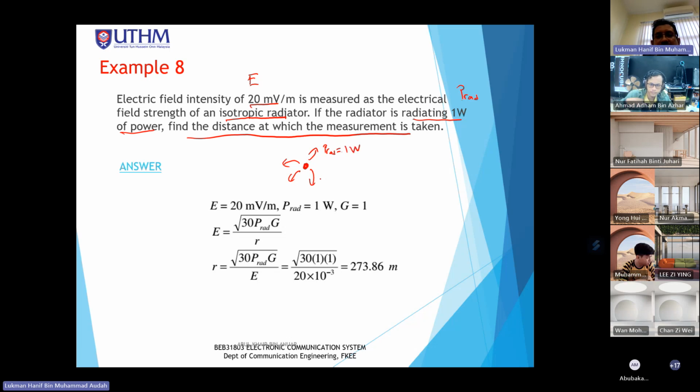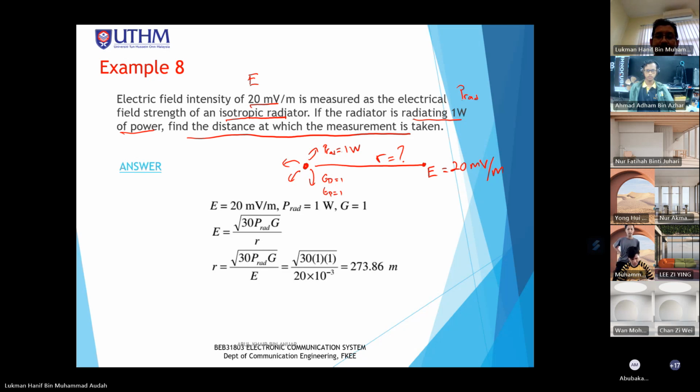Since this is an isotropic radiator, that means GD equals 1, GP also equals 1. At a certain distance, we measure the E field to be 20 millivolt per meter. The question now is how much is this distance?